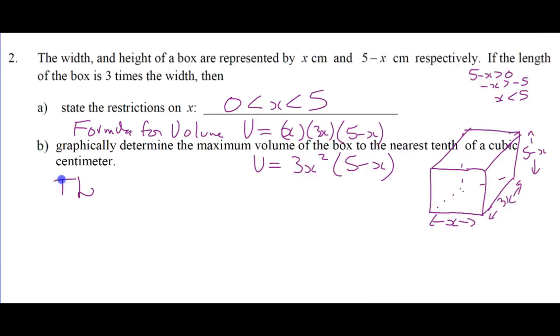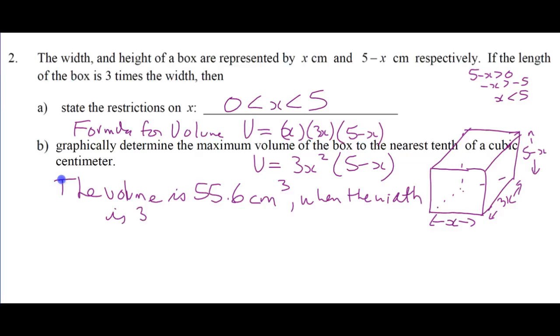So the volume is 55.6 cubic centimeters. Okay, and we could say when the width is 3.3 repeating centimeters. Okay, didn't ask for the width, just asked for the volume.